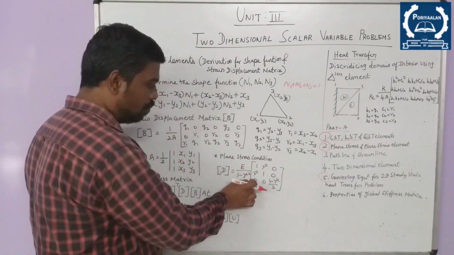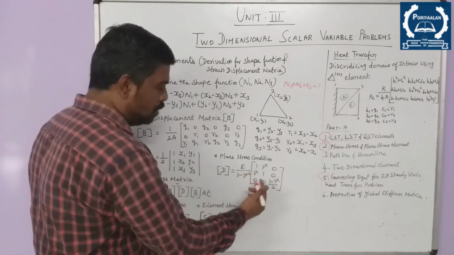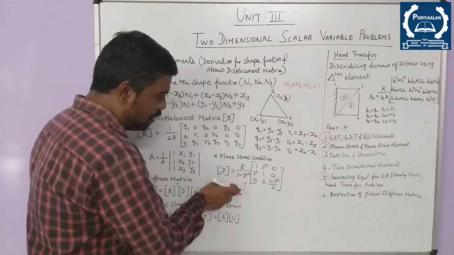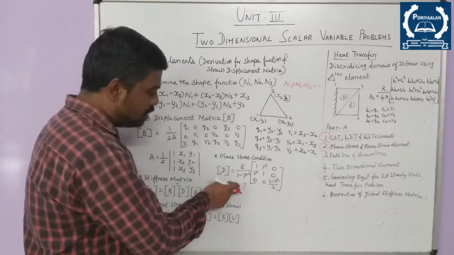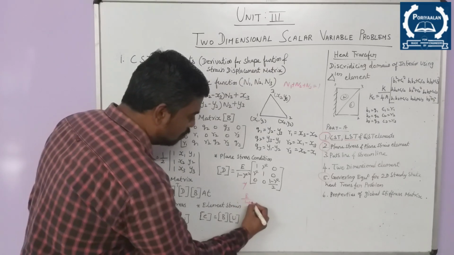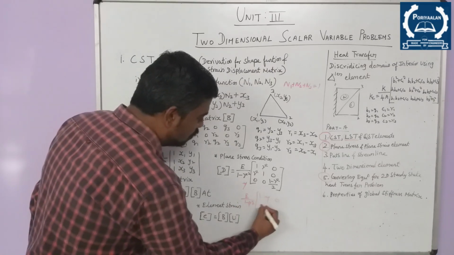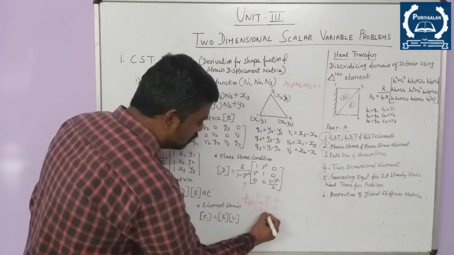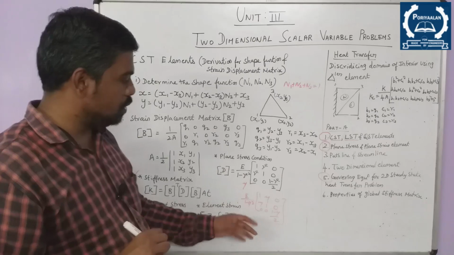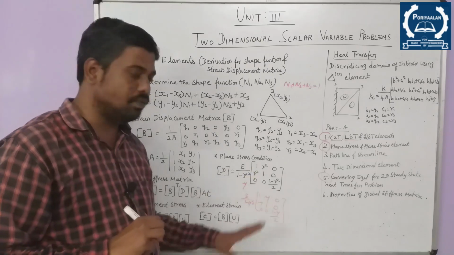D is equal to E divided by 1 minus mu square times the matrix 1 mu 0, mu 1 0, 0 0 (1 minus mu) divided by 2. This is the formula. In the question paper they will give the mu value, so don't be confused: if they give mu, just replace gamma in terms of mu.